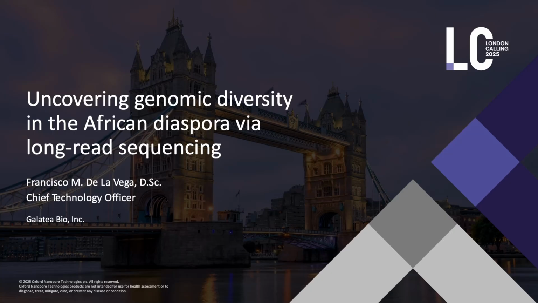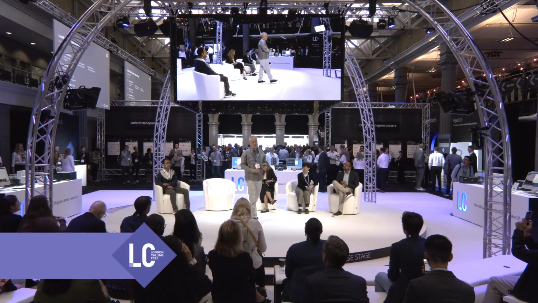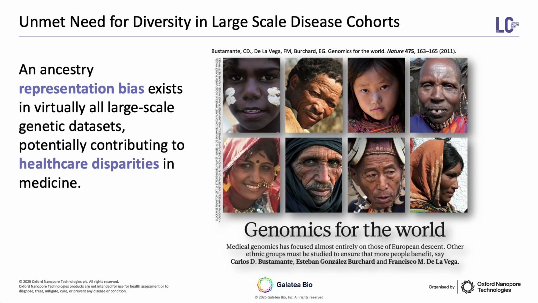Thank you, Francisco. Thank you, Kathleen. I'm glad to be presenting a little of what we're doing at Galatea Bio. First of all, in 2011, Carlos Bustamante, Esteban Gonzalez-Burchard, and myself warned that most of the genomic efforts in the world were very biased toward European populations.